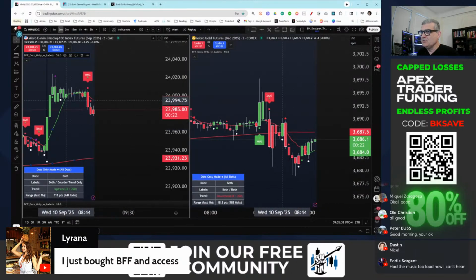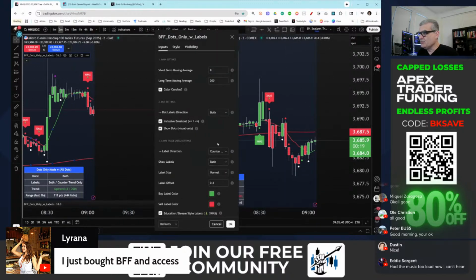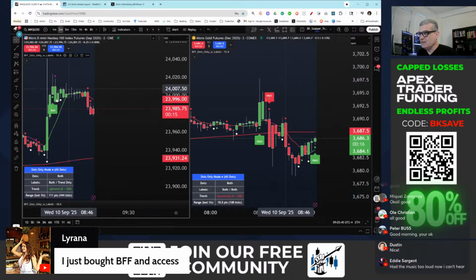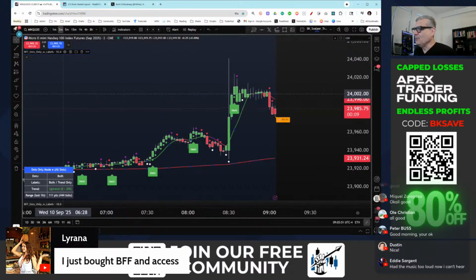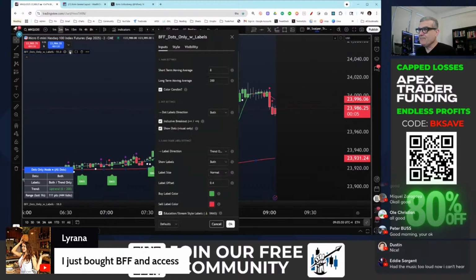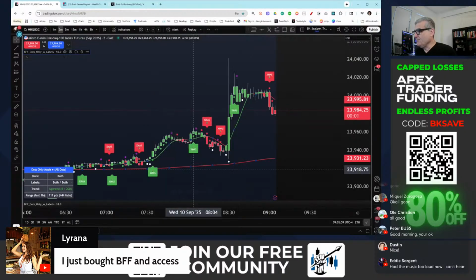So this would be just reds, or you can show trend only, which will be only greens, because this is for NASDAQ, obviously. Let me show you for NASDAQ, right? You can see how this whole thing creates beautiful signals for us to trade both ways, one way, any way you like. And it makes your life so much easier.